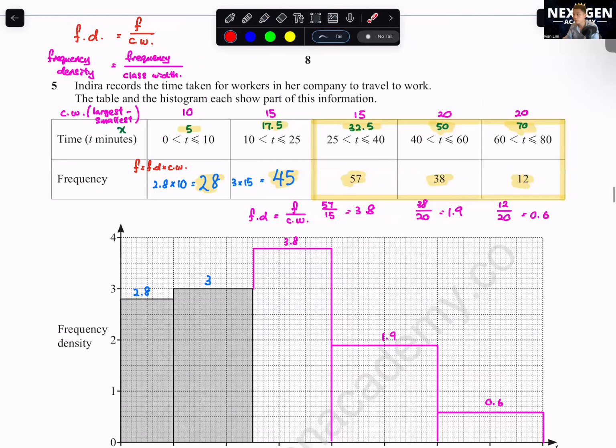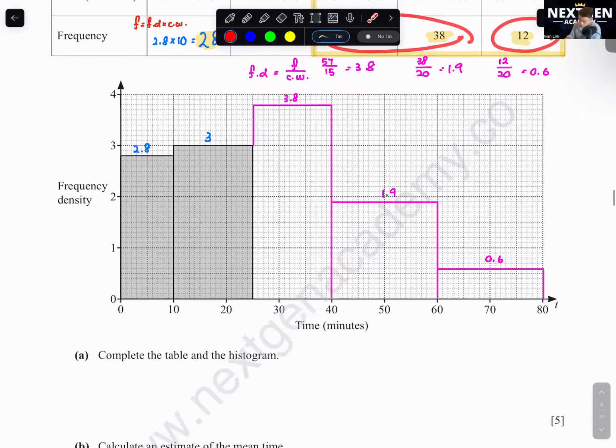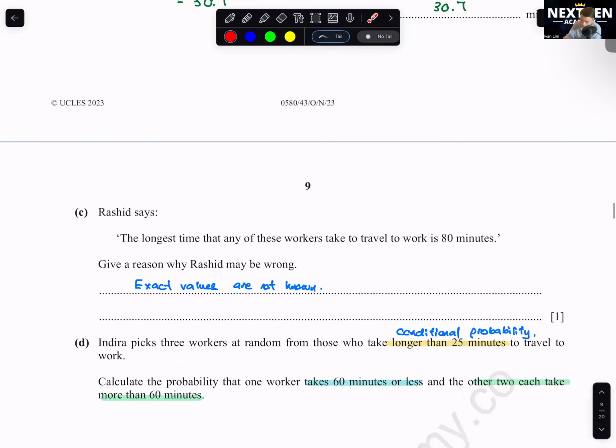So the first statement says one worker takes 60 minutes or less. These 2 groups, 57 plus 38, take 60 minutes or less. Then 2 of them take more than 60 minutes, which is 12 of them. So this is how you're going to do this.